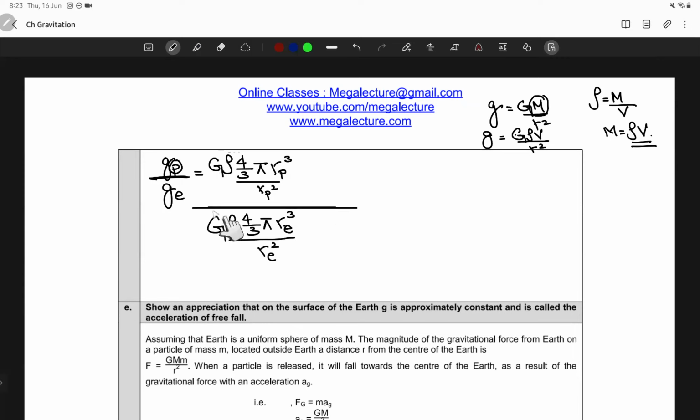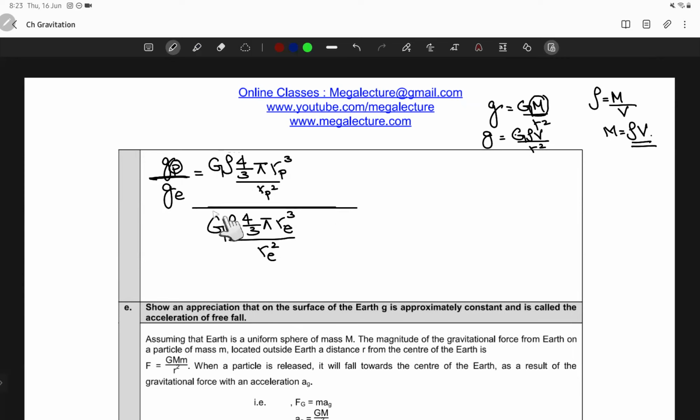So this cancellation is clear, right? You can get rid of this rp squared and you can get rid of this 3. Similarly, over here, you can get rid of this and this 3 from here. So only 1 re is left. So this becomes G rho 4 by 3 pi rp divided by G rho 4 by 3 pi re.